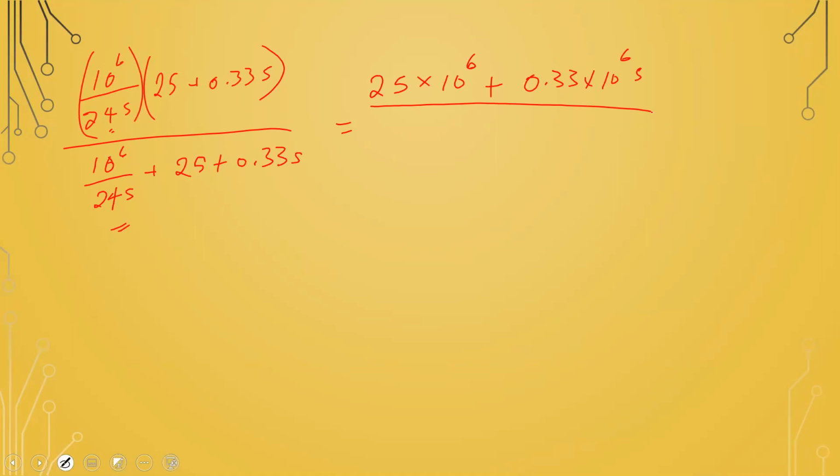Over 10 to the 6 plus 600S plus, this is the place where it looks a little messy, all right? So that would have been the parallel. And then from there, you do your voltage divider. Okay? So once you have done your voltage divider, then the other results would come out.